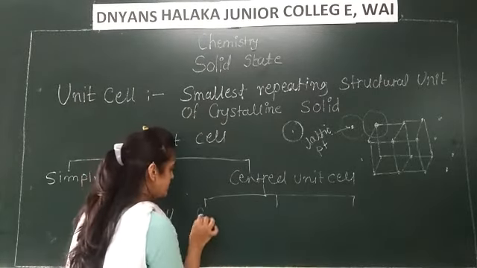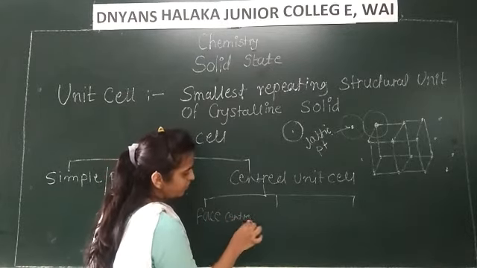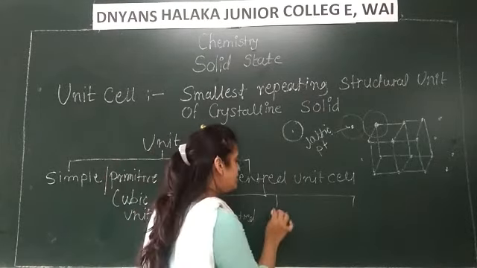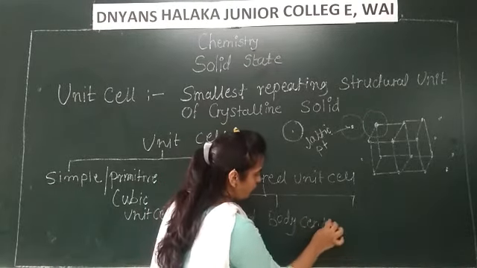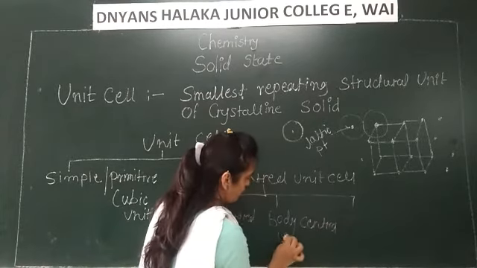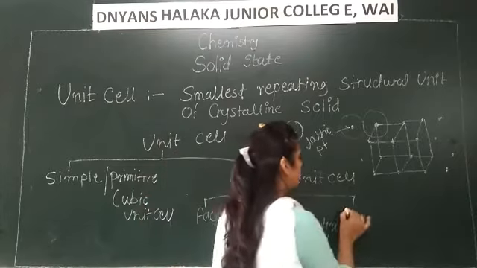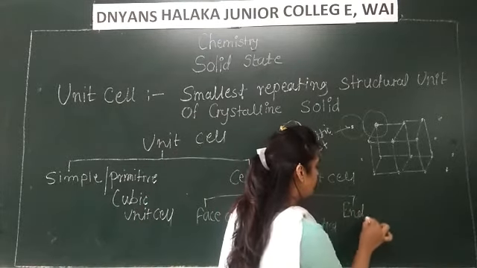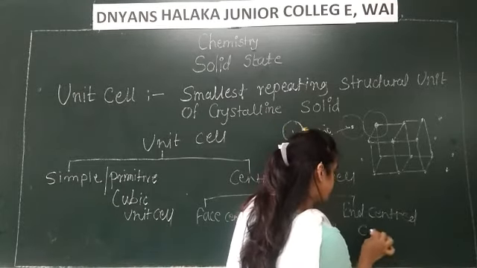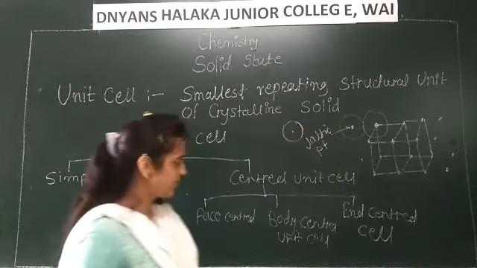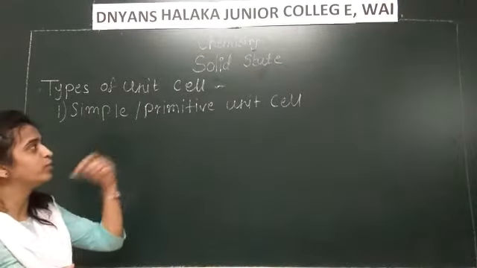First, face centered unit cell. Second, body centered unit cell. And last, end centered unit cell. Next one, types of unit cell. First point, simple or primitive unit cell.